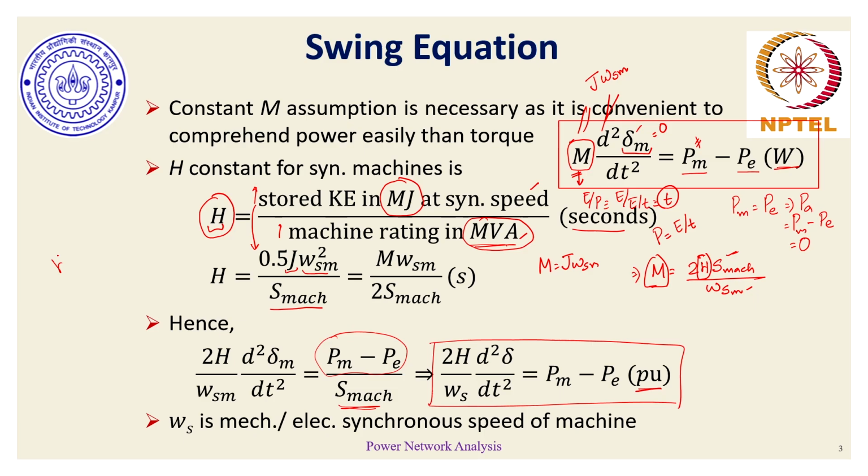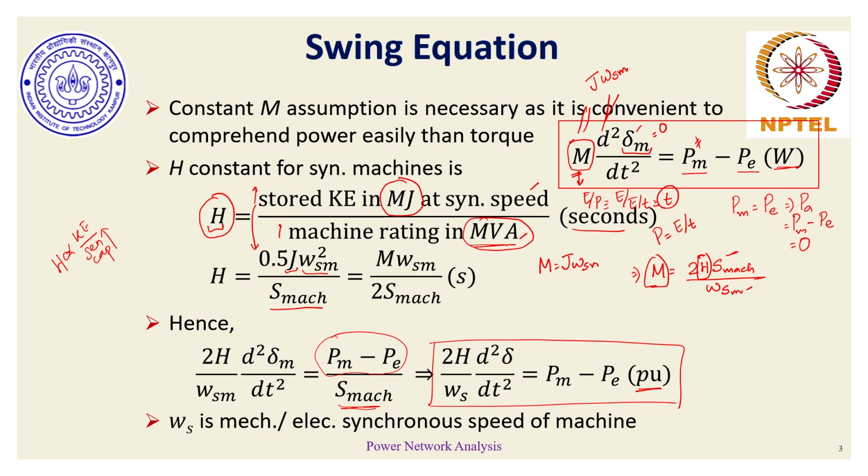From the overall inertia constant of the entire power network, or at a point of interest where the H constant is to be evaluated for a given node in the power network, if more and more generation capacity is pushed into the network, what happens is, H being proportional to the stored kinetic energy divided by the generation capacity or machine rating in general, with more and more generators being pushed in, the overall generation capacity of the system tends to go up.